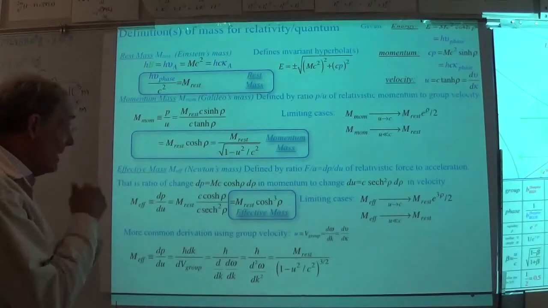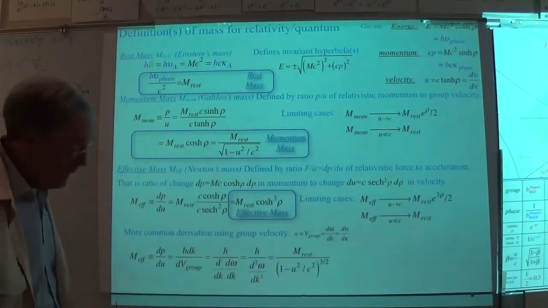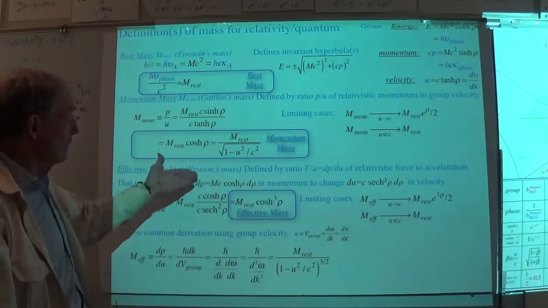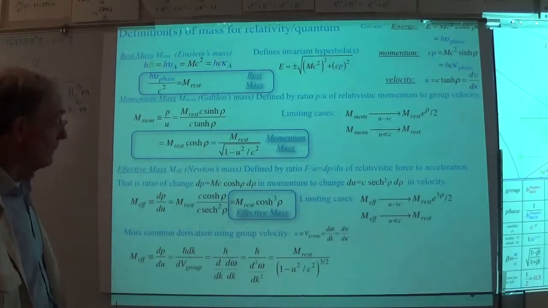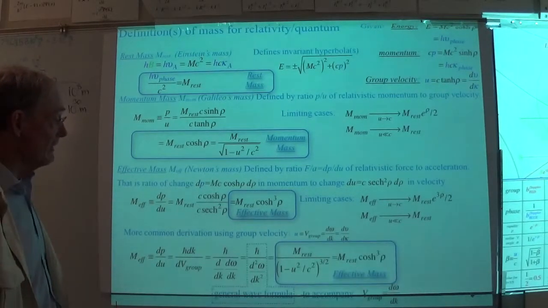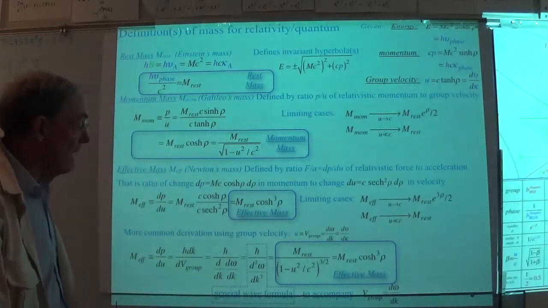That's really weird, but that is the classic quantum formula for what's called effective mass. The mass that's due to inertia. The inertial mass as opposed to the punch mass that Galileo would give. Very different at high speeds. Really strange. This is a general wave formula for the effective mass.